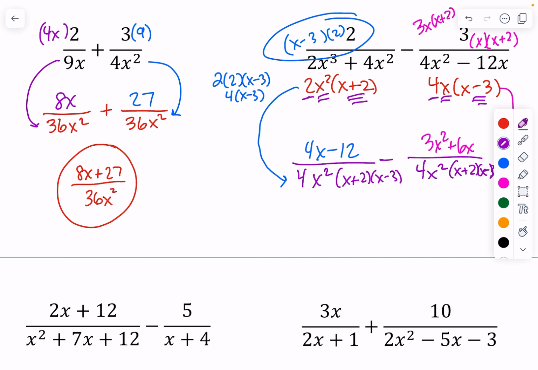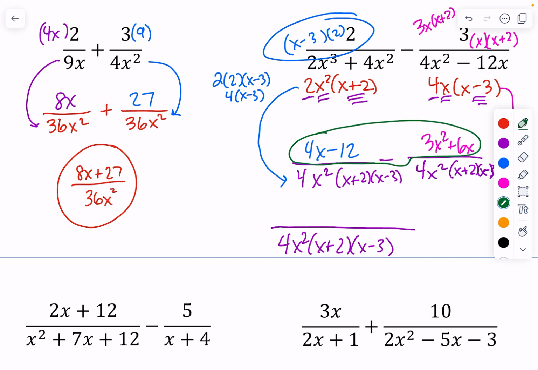Keep the denominator that you found in common. Combine like terms across the top. On the top, I've got a negative now, 3x squared. I've got a 4x minus a 6x. And I've got that minus 12.